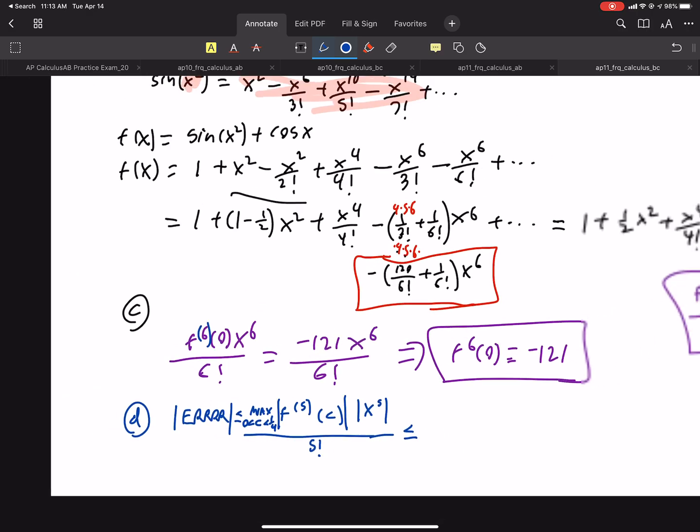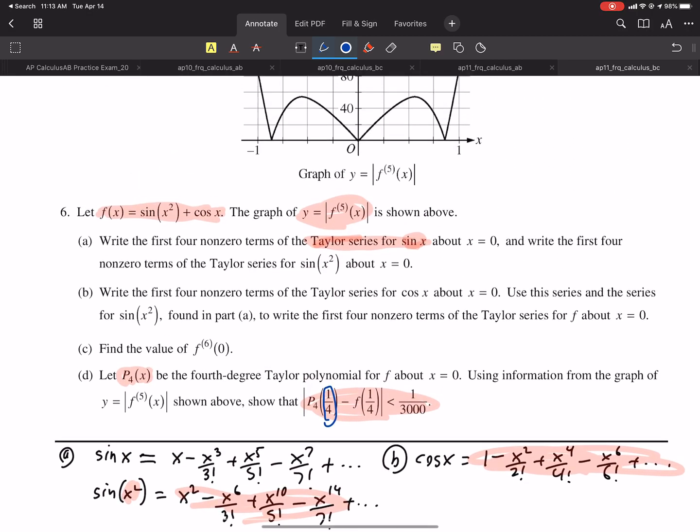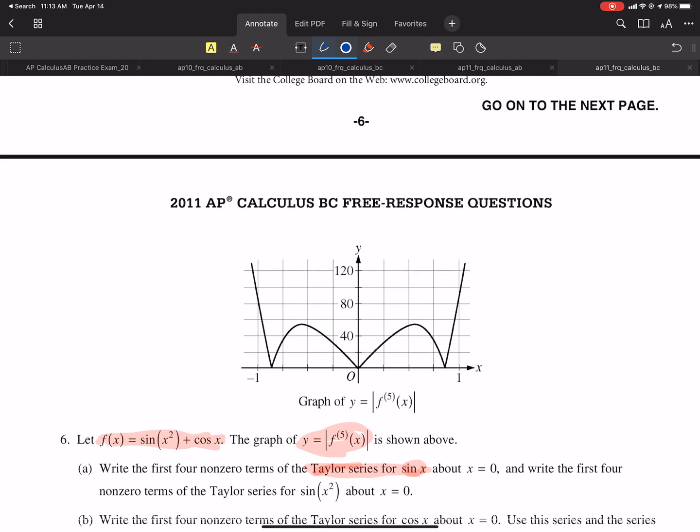So how do you find the maximum of the 5th derivative from 0 to 1/4? Well, nicely, they gave us the fifth derivative. So 0 to 1/4, there's 1/4. Here's our function. The maximum value is right around there, which is kind of hard to tell. So you wouldn't want to say 35 or 30, because you're just not sure exactly where that is.